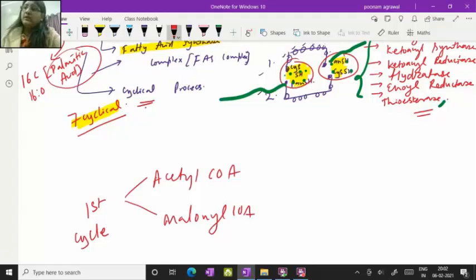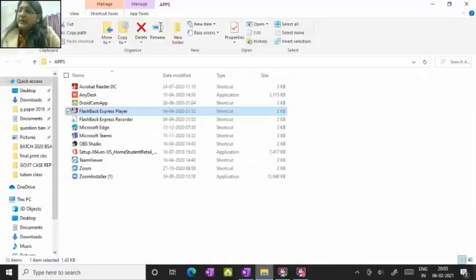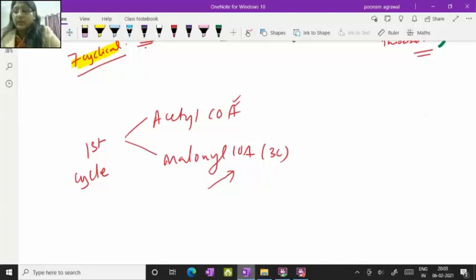The acetyl-CoA is directly derived from carbohydrate metabolism, and malonyl-CoA is a 3 carbon moiety, and you should know that this malonyl-CoA is actually derived from acetyl-CoA after its carboxylation, right? Acetyl-CoA undergoes carboxylation to give you this malonyl-CoA.